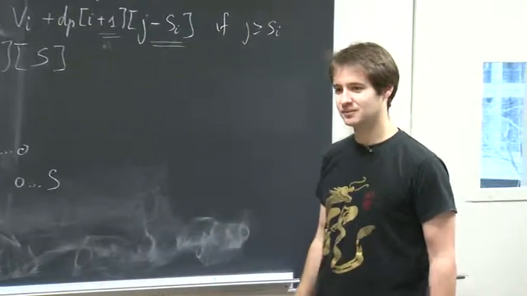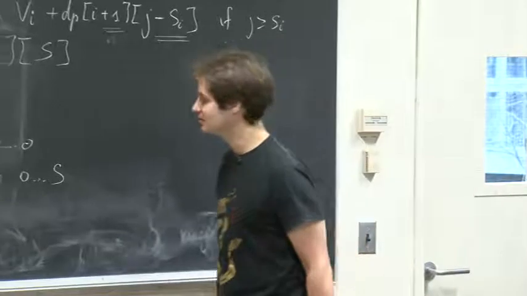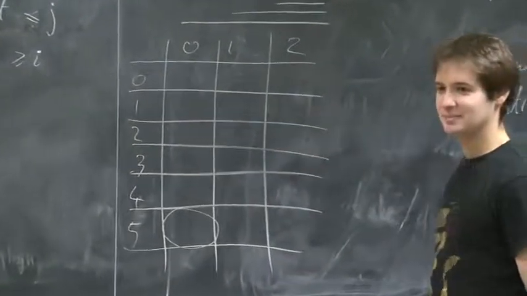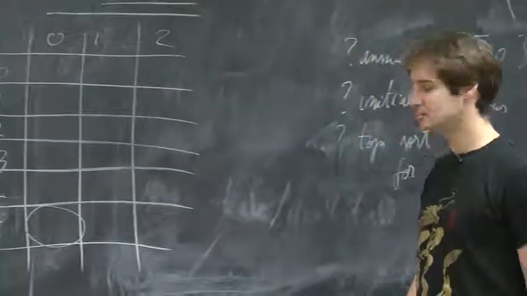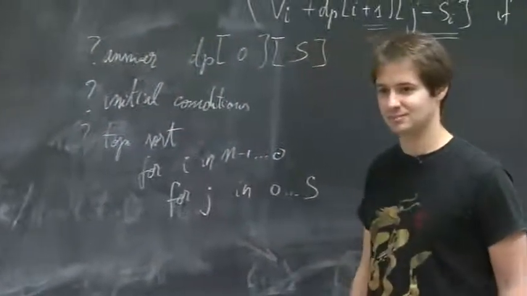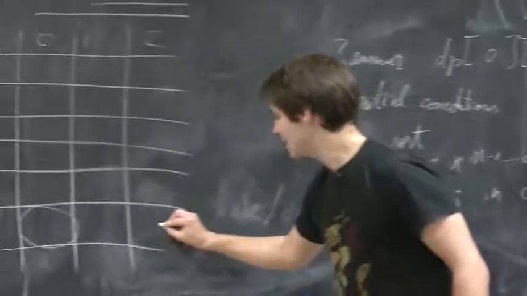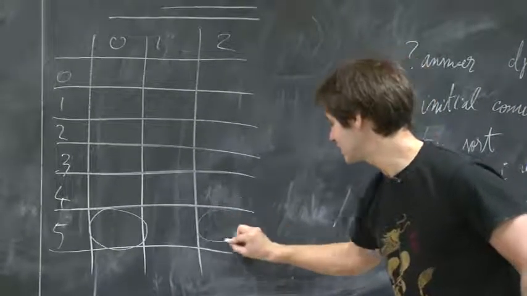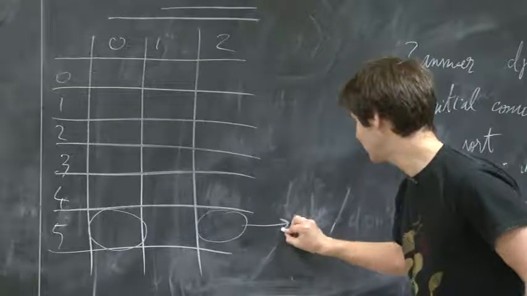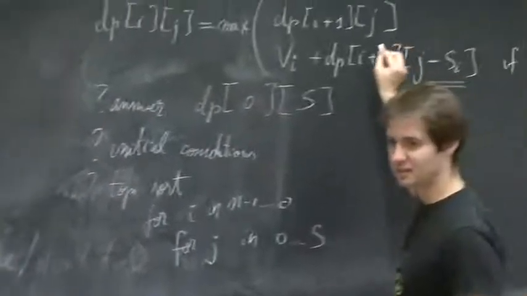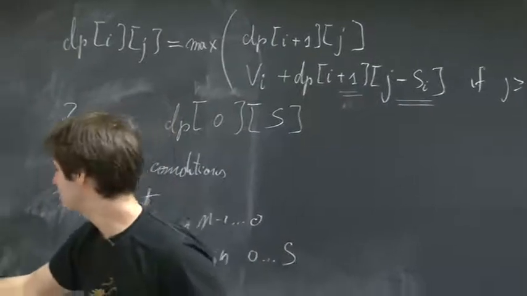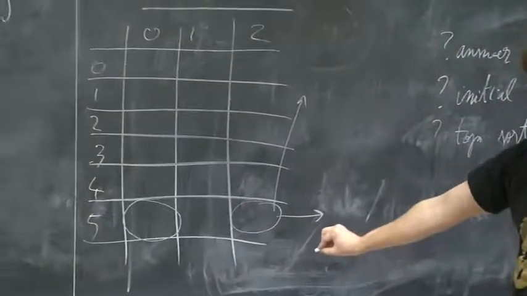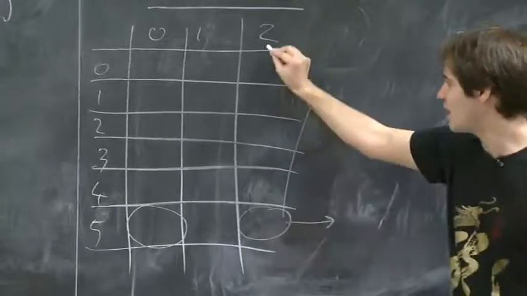But if you're going from s down to 0, then you're starting down at the corner, which means you have a full knapsack, so that doesn't make sense. Well, the argument was when I compute this, I'm looking one right, i plus 1, j, and then I'm looking somewhere here. And I've already computed this column. So it doesn't matter if I go up or down.